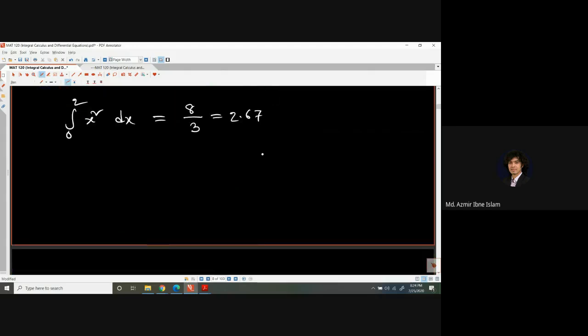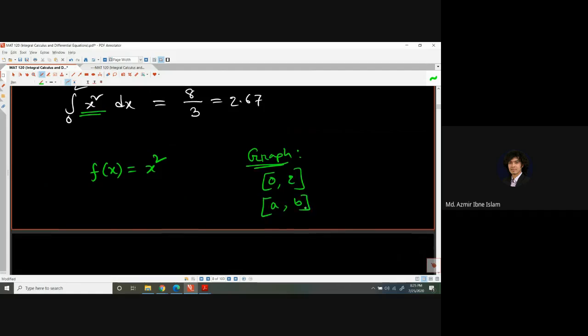So let's draw the function x squared. The function that we have here is f of x equal to x squared. What do we have to do? We have to draw the graph of this function from x equal to 0 to 2. That means x equal to a to x equal to b.